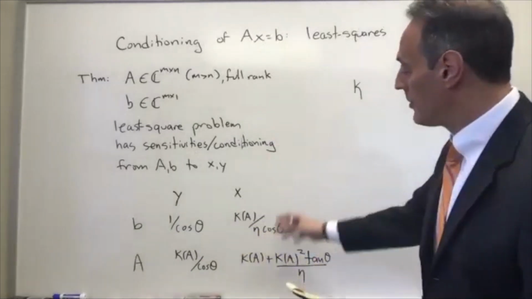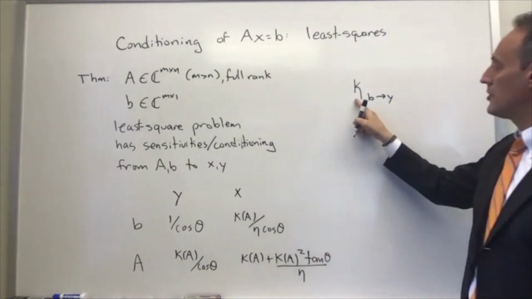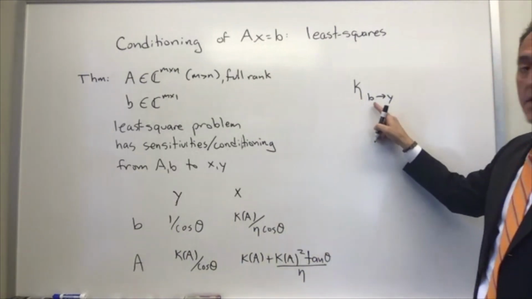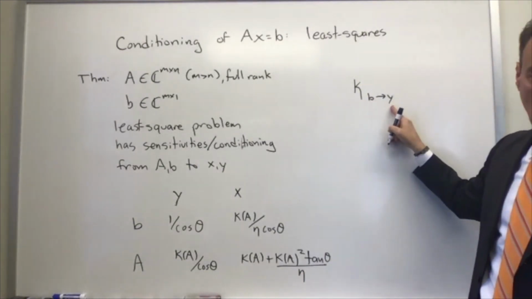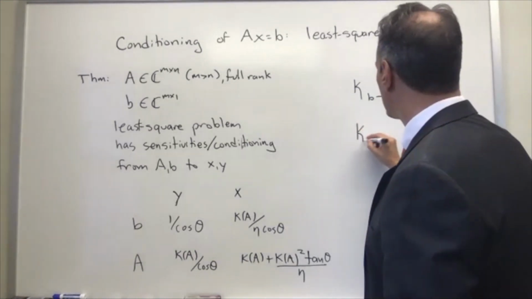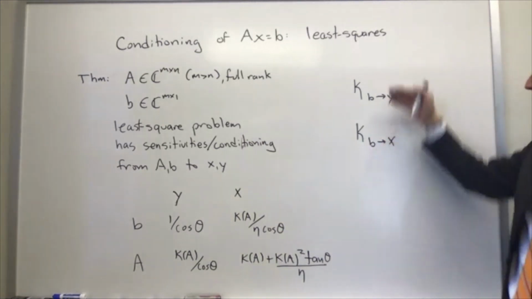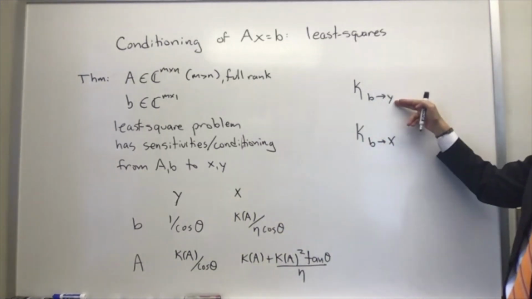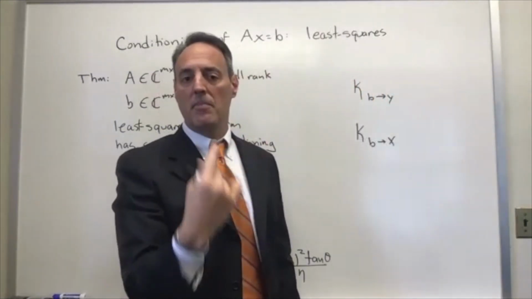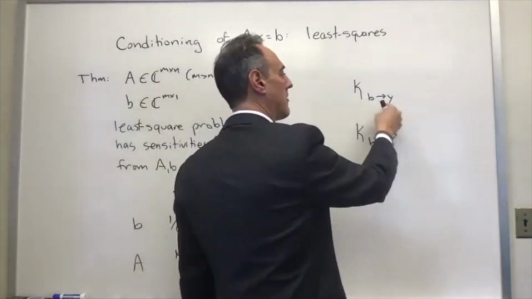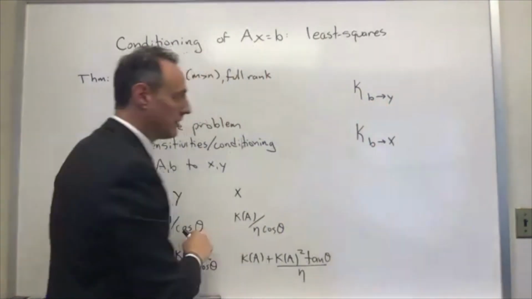So here what we're going to compute in this 4x4, they're something like this. The perturbations, in other words, the condition number, kappa, with respect to how perturbations in B influence the value of Y. The perturbations of kappa in terms of B and how it influences X. So when I perturb B, I ask how it affects Y, and Y, remember, is A times X. That's my approximation to the vector B. How much does it affect my approximation to the vector B when I perturb B, the data itself?